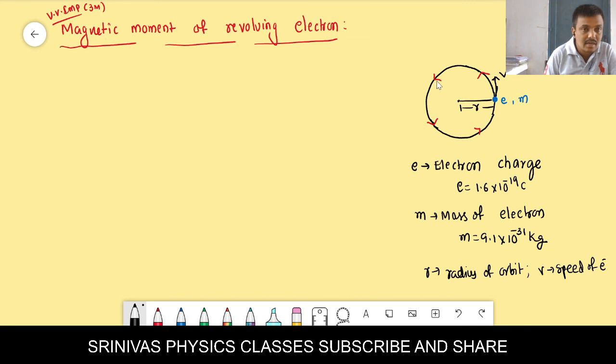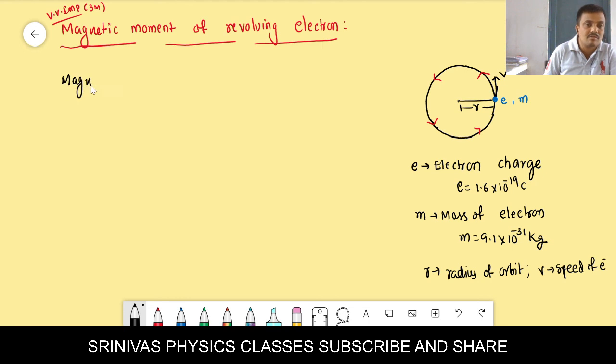It has some magnetic moment. Due to the flow of current in the orbit, it will generate a magnetic field and act like a magnetic dipole with some magnetic moment. Similarly, the revolving electron also has magnetic moment.